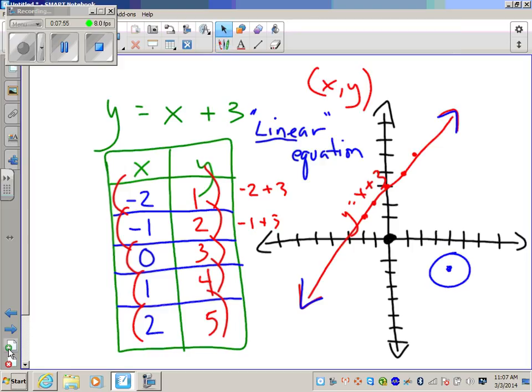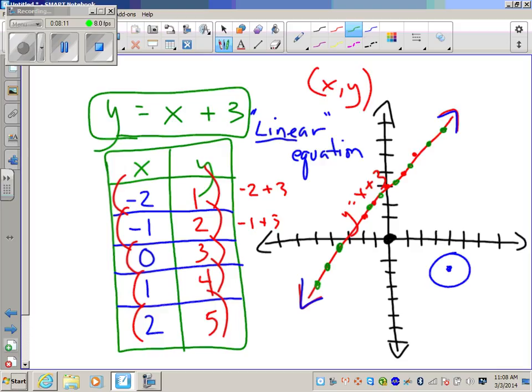What does the line tell you? Any point that falls along this line, their coordinates, their ordered pair, would also be a solution to that equation.